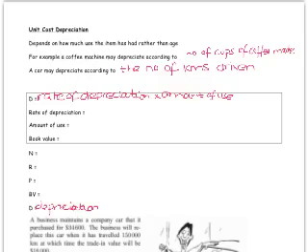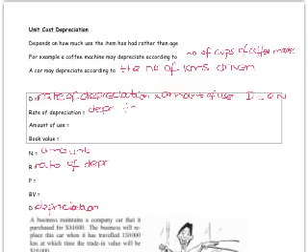If we call R the rate of depreciation, and n is the amount of use, then depreciation is Rn. The rate of depreciation is a rearrangement of that. It's the depreciation divided by the amount of use.